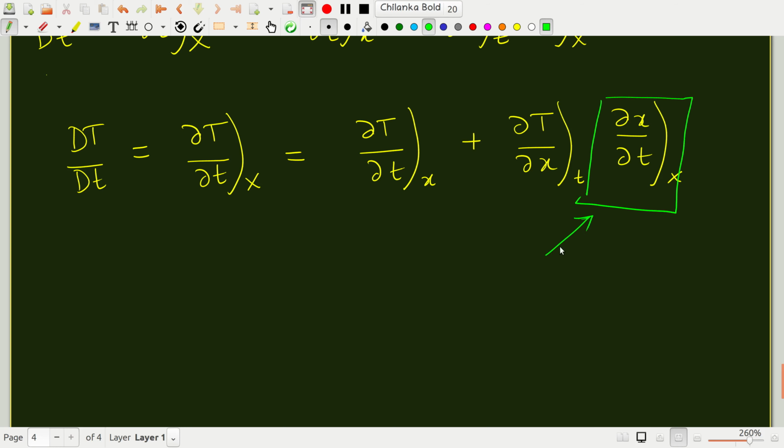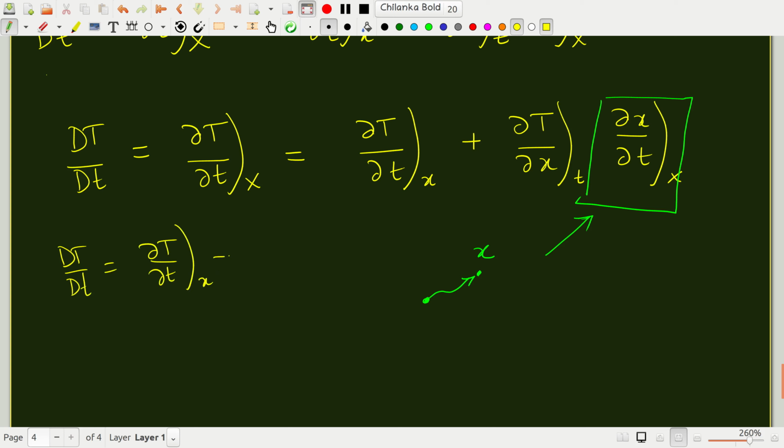So here we are looking at a given fluid particle which is moving as time progresses. Its current position is given by x. Now if I follow the same particle, its position x is changing as a function of time, and if I look at the rate of change of position of that particle, this will give me the velocity of the fluid particle.